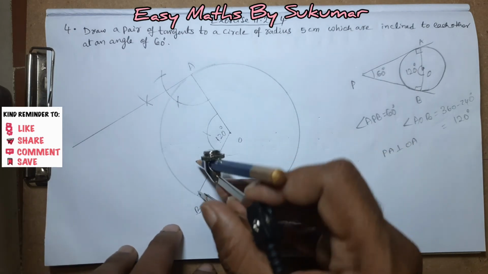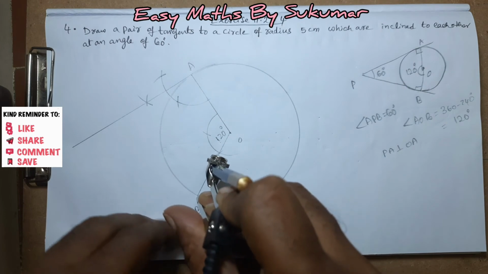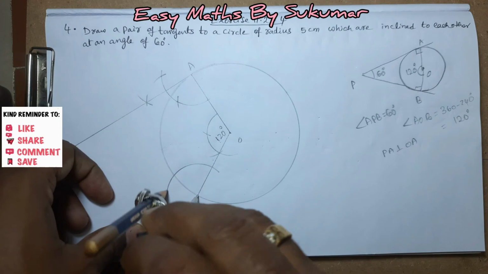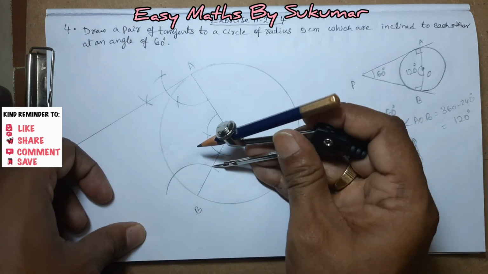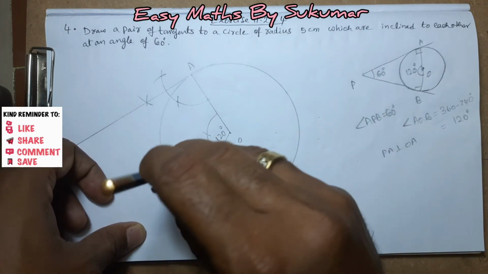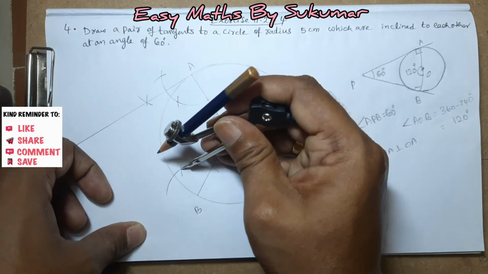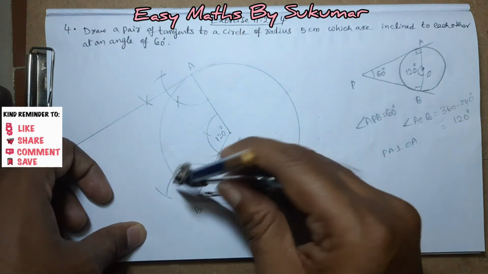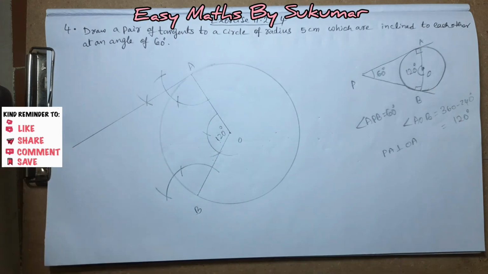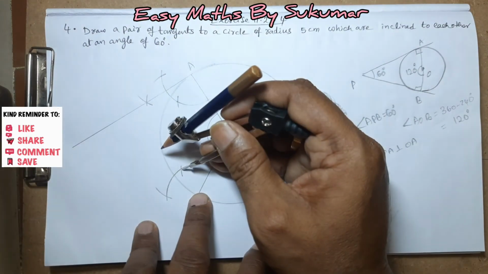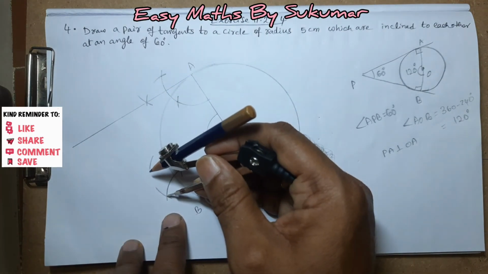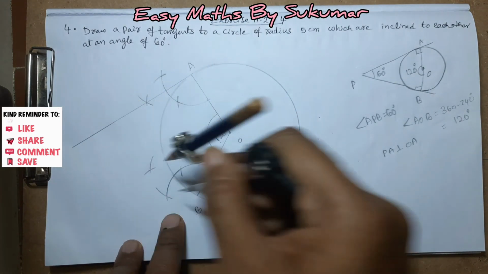Now, my dear students, again draw an arc like this. From here, cut an arc. From here also, cut another arc. Right. Now, from here, draw the first arc. From here, draw the second arc.